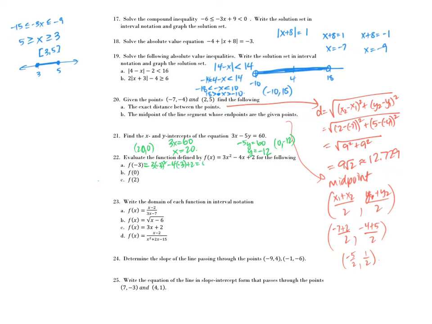So I got 41 for that. F of 0, so it's going to be 3 times 0 squared minus 4 times 0 plus 2. That's just going to be 0 minus 0 plus 2. So it's 2. And f of 2, 3 times 2 squared minus 4 times 2 plus 2.